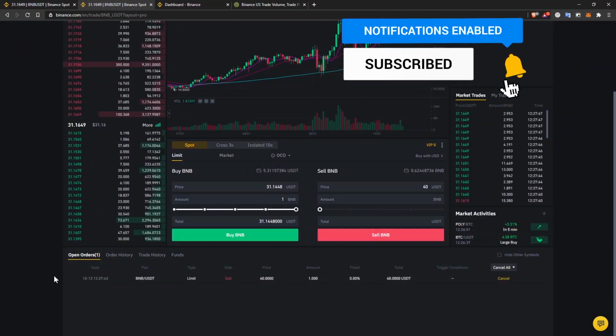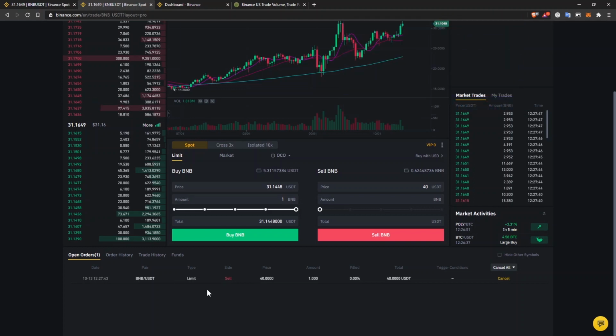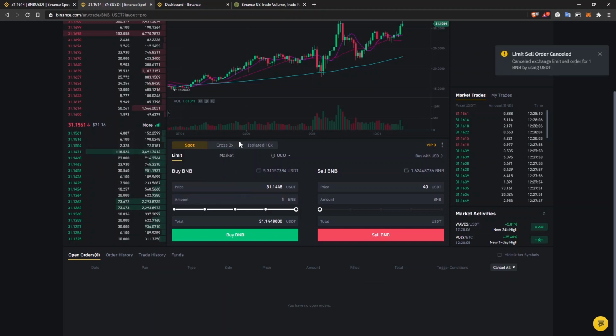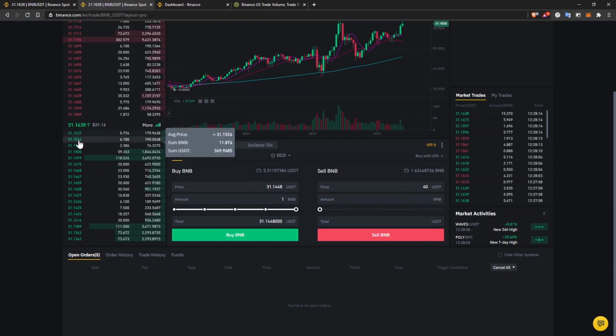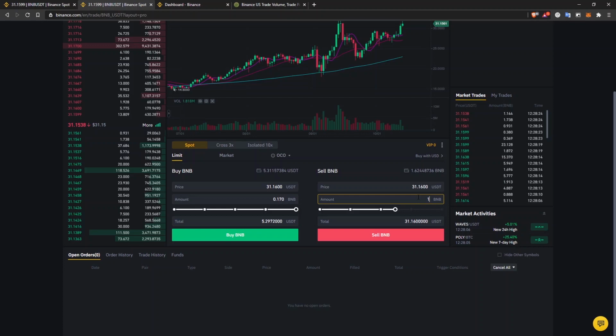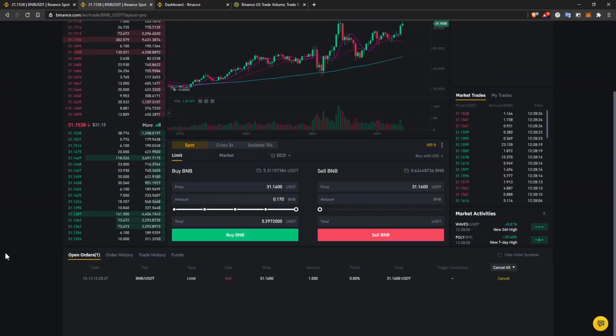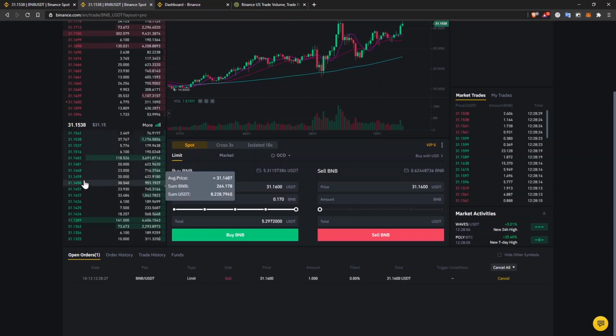I'm willing to hold this asset and only sell it if it reaches $40 per BNB. I'm going to cancel this and turn my BNB back into the USDT that I had initially. So I'm here on limit, and let's say I want to sell at this price and 1 BNB. Okay, so now I just wait for my order to be filled, and I'll continue with this tutorial.